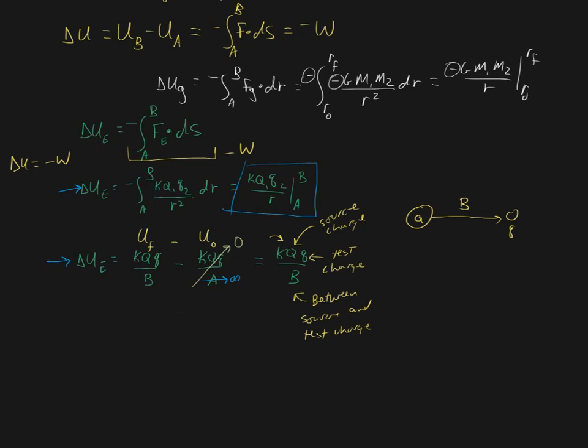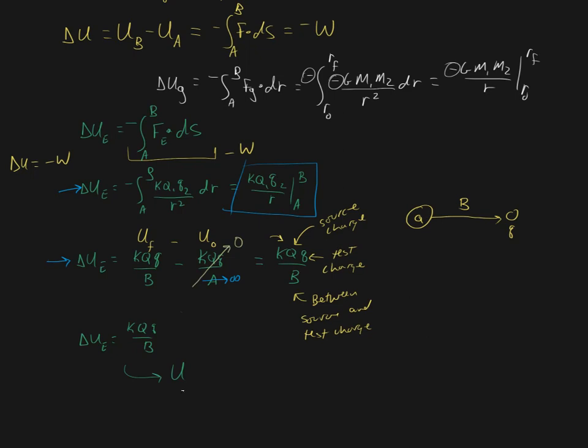So what is the point out of all of this? Well, we have delta UE is equal to kQQ over B, and now this doesn't appear to be a delta, and oftentimes we write this as the energy of the charge.